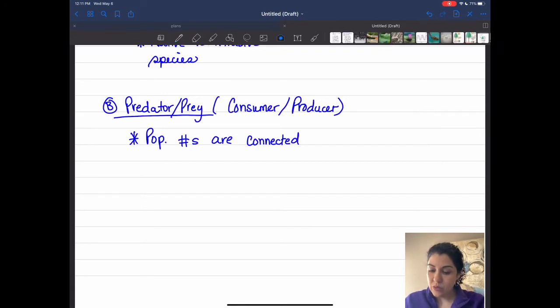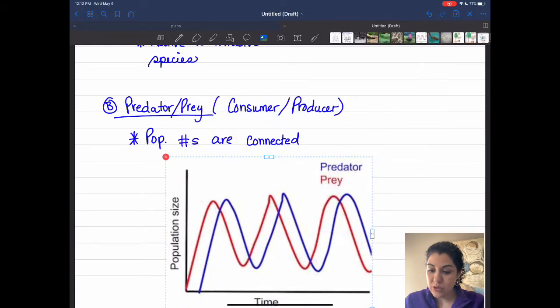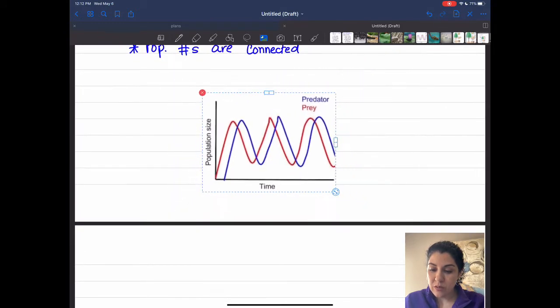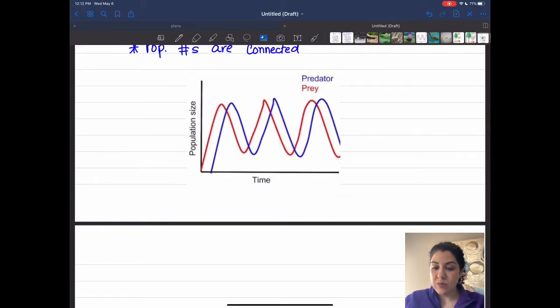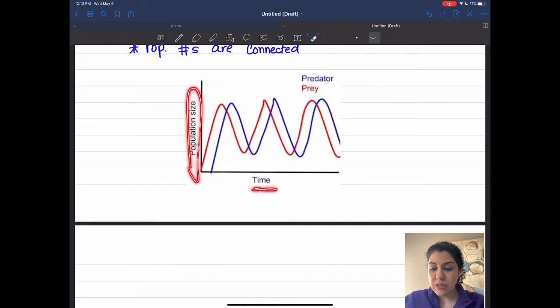Okay. So here is a graph that shows the connection between the numbers of predators and prey. Okay, so you can see here the prey is in red, the predator is in blue. These are the population numbers, and this is time. And you can see that it usually starts with the prey, and the reason for that is the prey is the food source. And so we're going to have the prey that increases in numbers, and so the food source becomes abundant. Because of that, the predator numbers can also grow.